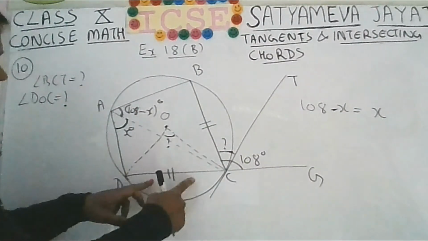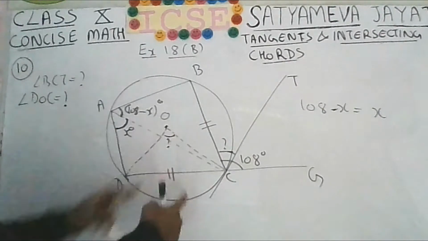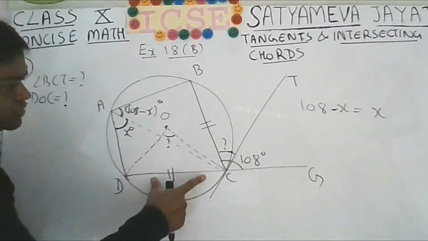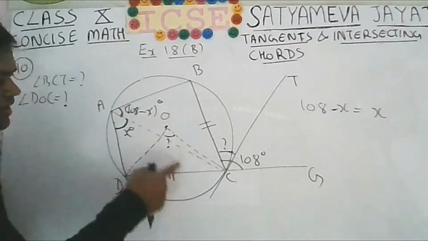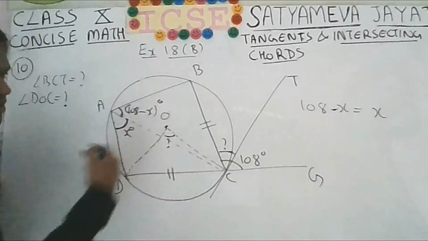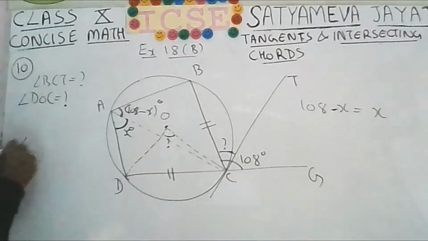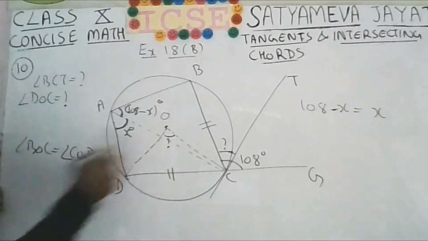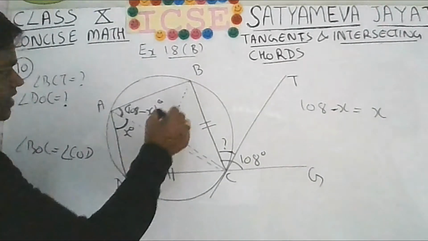Because the angles subtended by equal chords at the center are equal. You can say that angle BOC will be equal to angle COD, because CD and BC are equal.